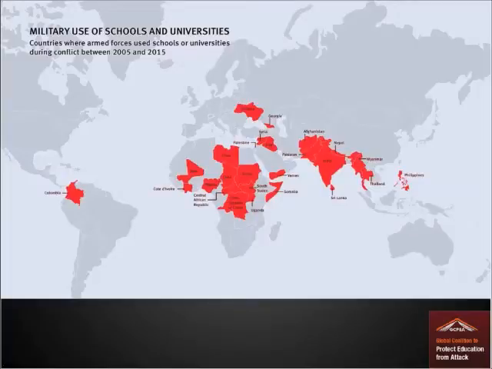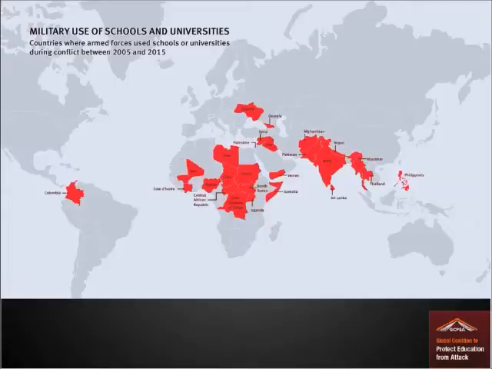Schools are also attacked because they're being used for military purposes. They're used as bases, barracks, weapons caches, torture centers, detention centers. There's a report by a boy in Afghanistan who said that he was detained and tortured in a school which he had formerly attended as a student.